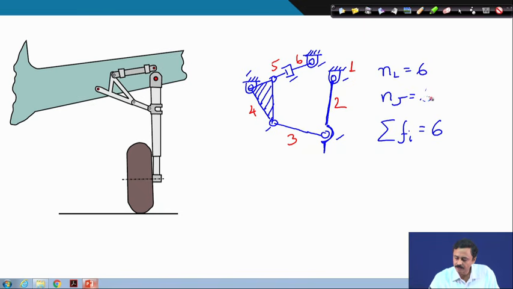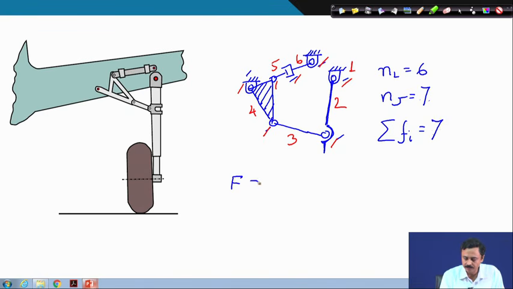This is the number of kinematic pairs, let us count once again. 1, 2, 3, 4, 5, 6, 7. So, number of kinematic pairs is 7, and each one has 1 degree of freedom. Therefore, total number of degrees of freedom is also 7.